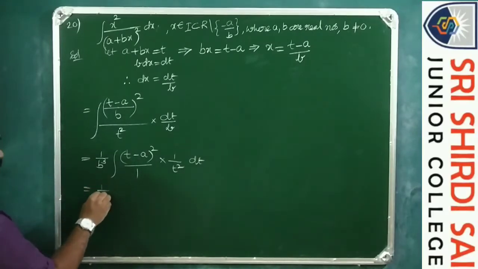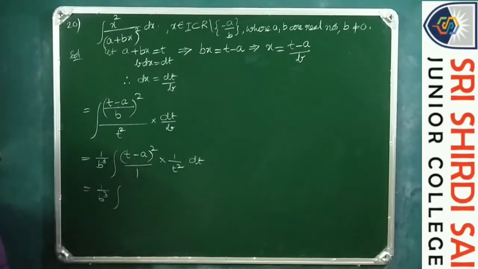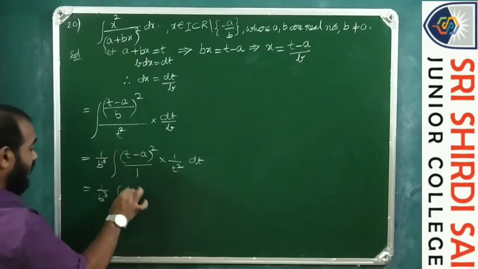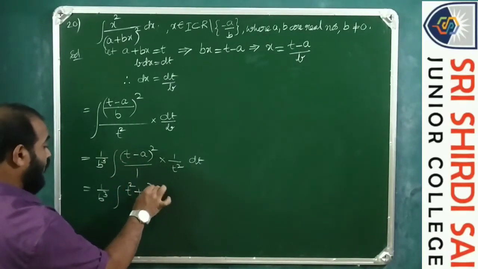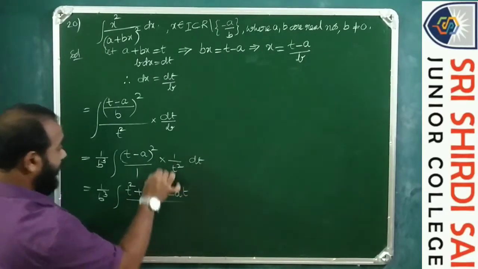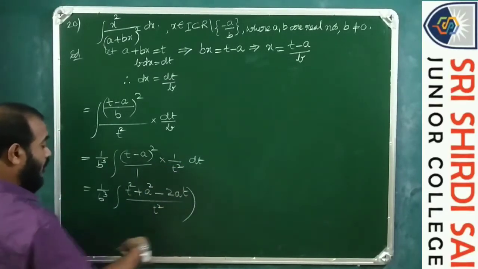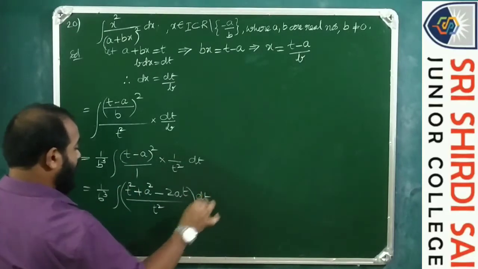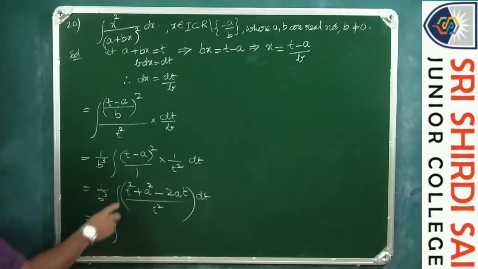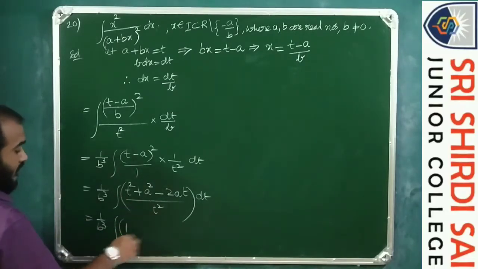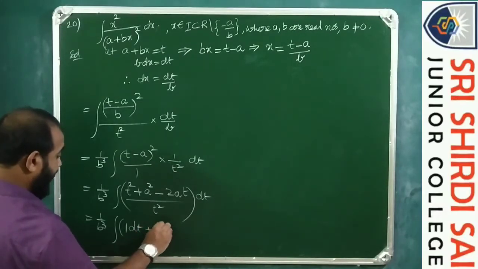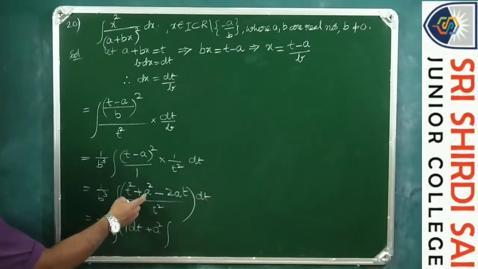So this is equals to 1 by b cube integral. So expand this, a minus b whole square. So t square plus a square minus 2at by t square whole dt. So 1 by b cube, this is t square by t square is 1 dt, plus a square into 1 by t square.